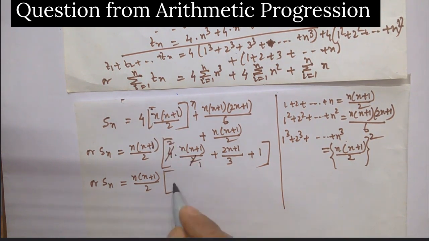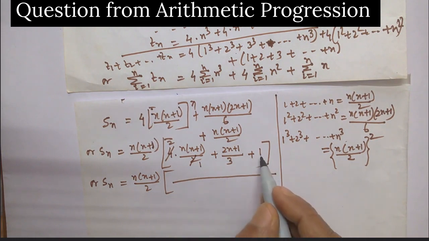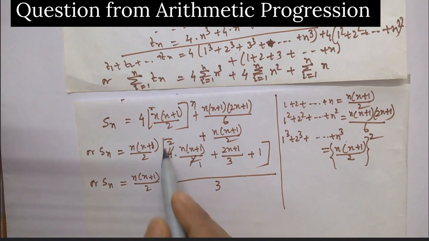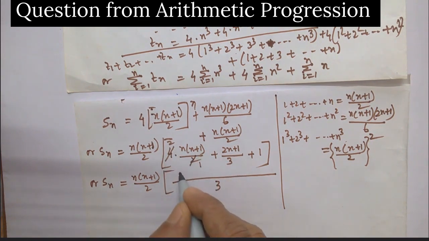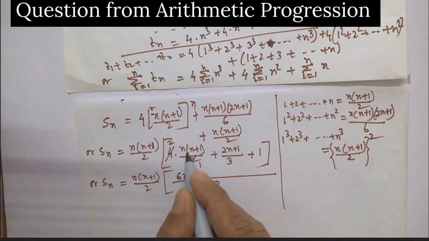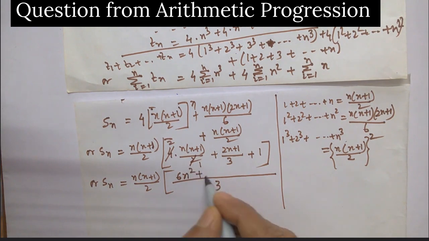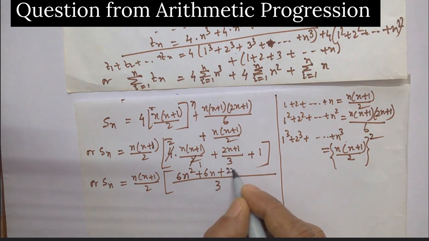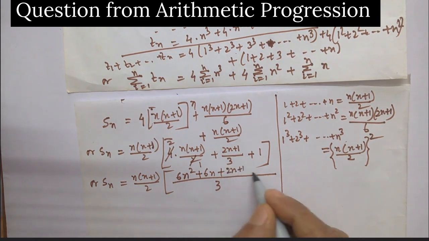Now 3 fractions: 1 may be considered as a fraction 1 by 1, here also 1 by 1. The LCM is 3. So 2n into (n plus 1) into 3 by 6. Whenever it is multiplied, n square plus 1, 6n square plus 6n, plus as it is 2n plus 1, plus 3.